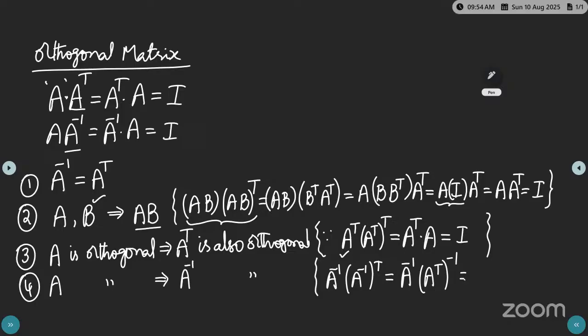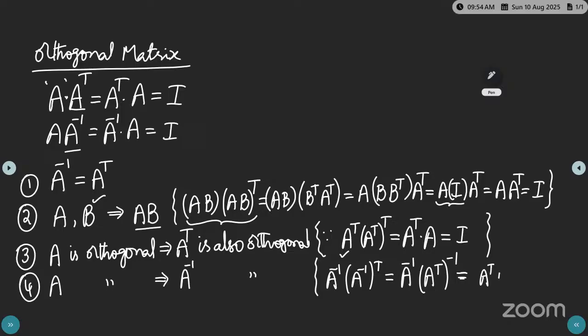What is this? A inverse into A transpose whole inverse, this is equal to... AB whole inverse equals B inverse A inverse. This is B inverse A inverse. So what you can write?